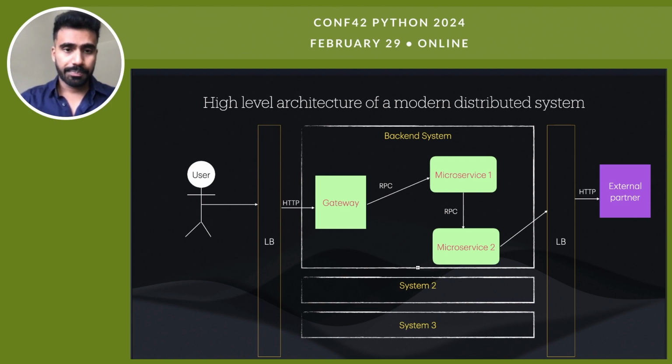So in summary, RPC and HTTP are both communication protocols used in distributed systems, but they have different design principles, communication patterns, and typical use cases. RPC is focused on direct invocation of remote procedures or functions, like a process running in microservice 2 that microservice 1 needs to call.